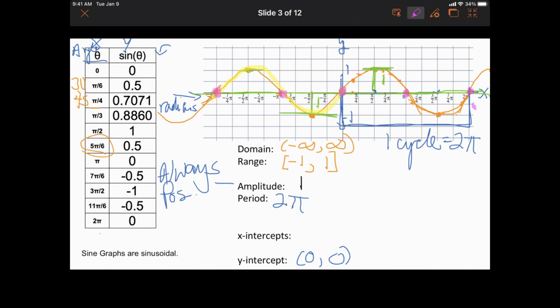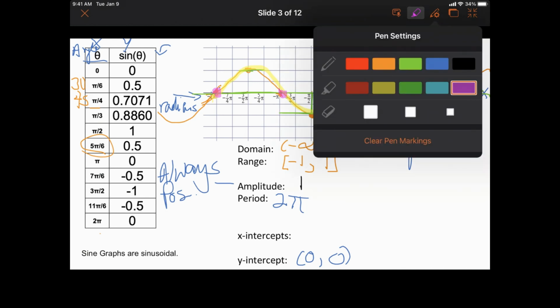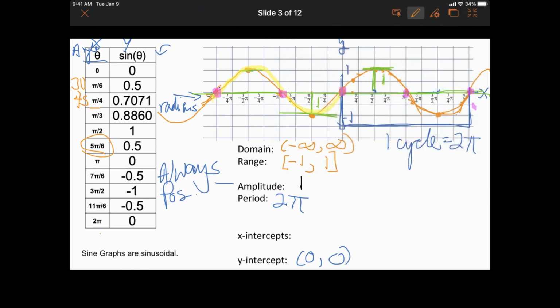How do I write that? You're going to have to write it algebraically, and this is going to be a little different. So we write k times pi, 0. And you're like, what? Wait for it.